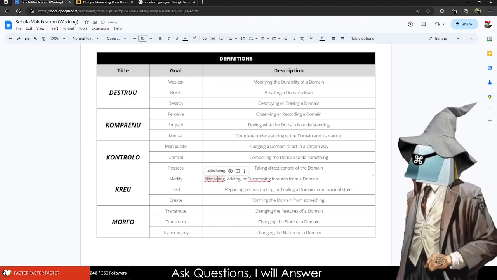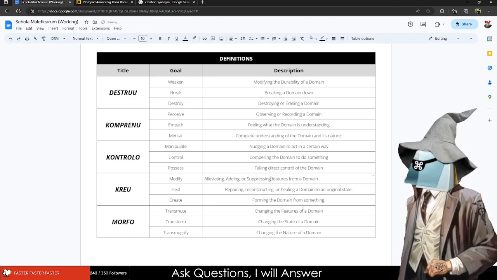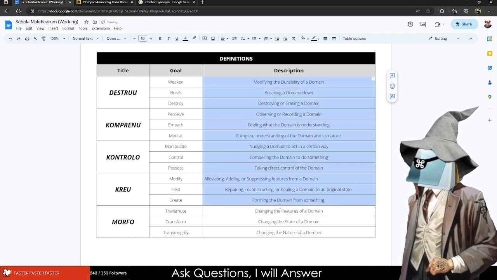There we go. Alleviating, adding, or suppressing features of it.